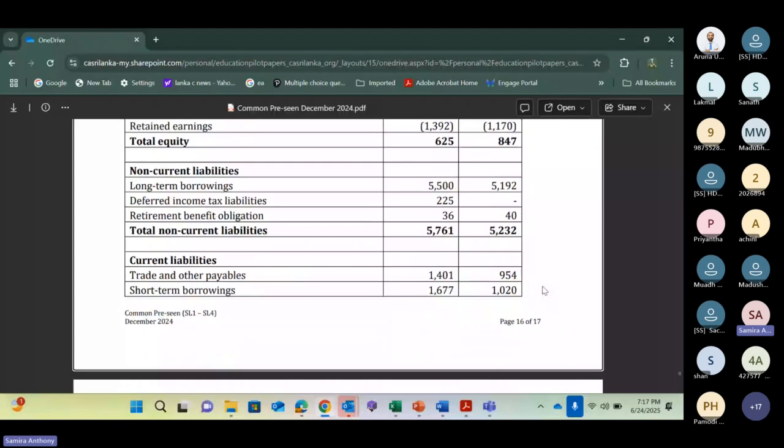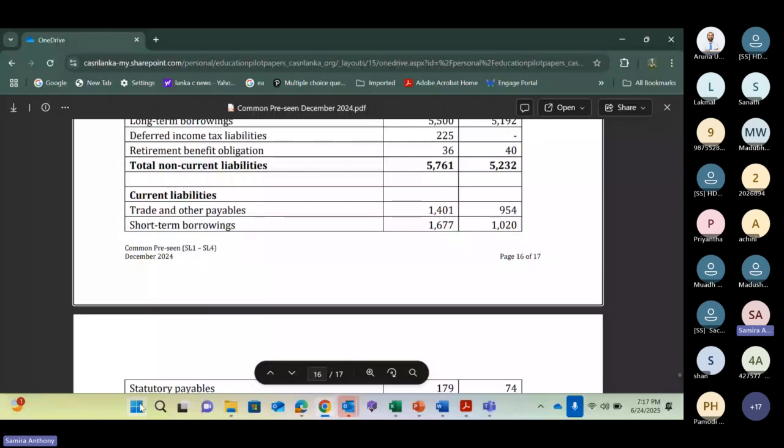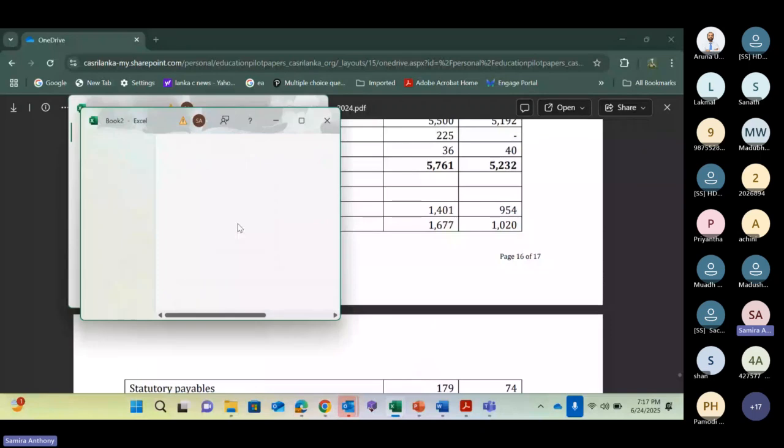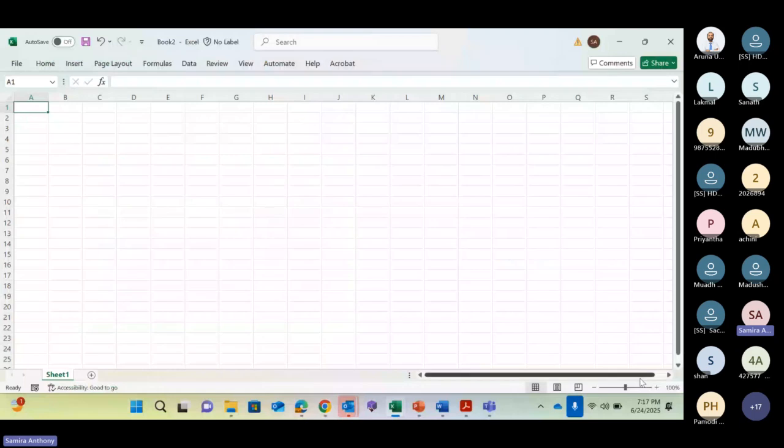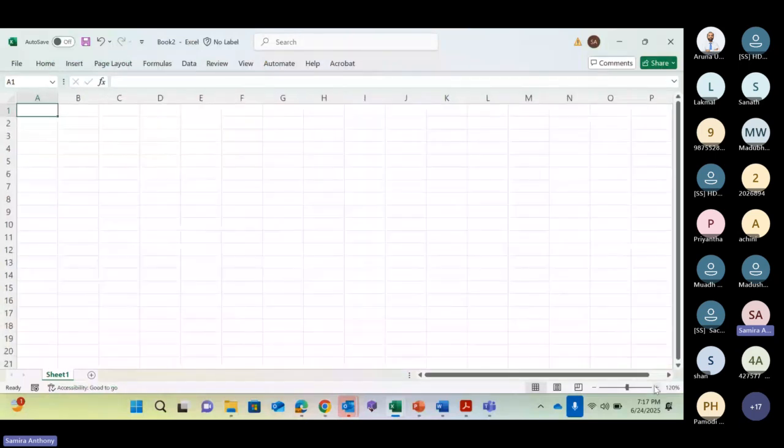In asset-based valuation, we take the net assets and make the necessary adjustments for assets and liabilities. Simply, it's called revaluation. You have to revalue assets and liabilities before making the asset-based valuation. Let's take this question 3, part A, asset-based valuation.